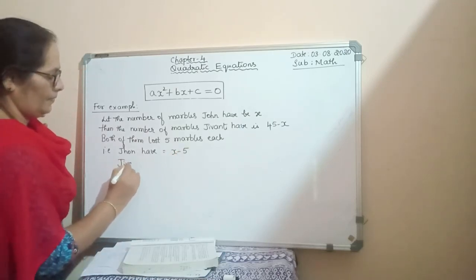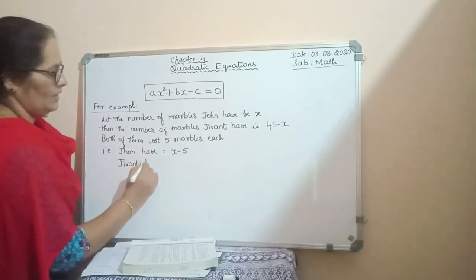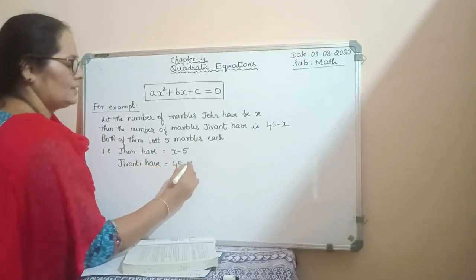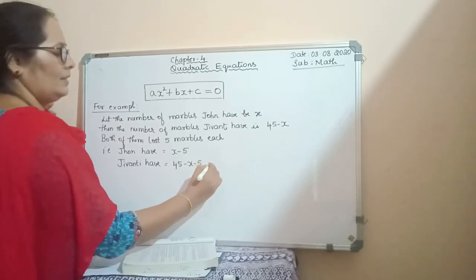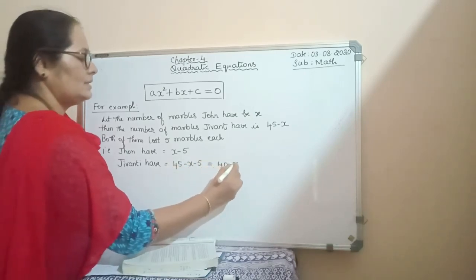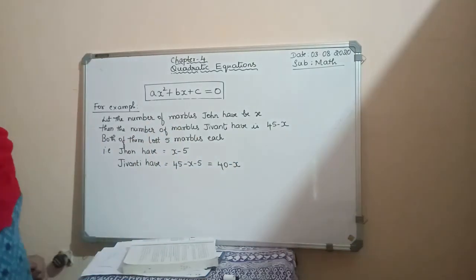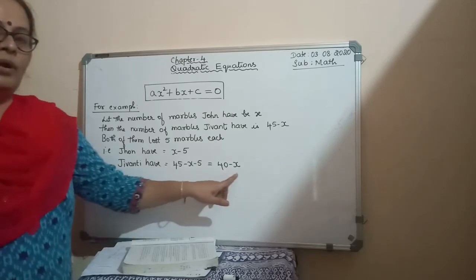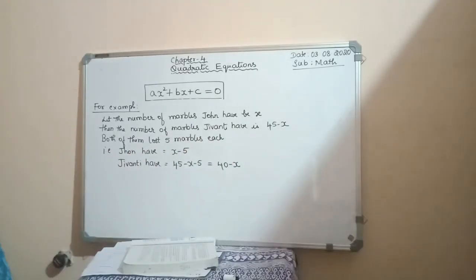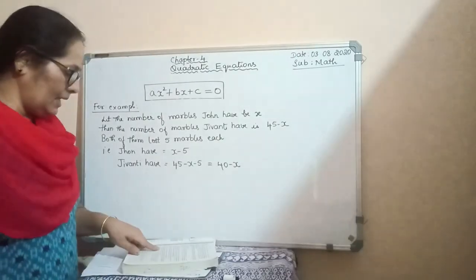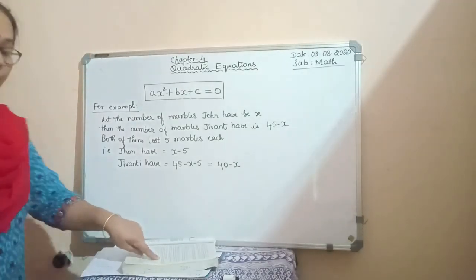Jeevanti has 45 minus x minus 5, that is 45 minus 5 is 40 minus x. Now they have John x minus 5 and Jeevanti 40 minus x. Their product, the product of the marbles they have, is 124.